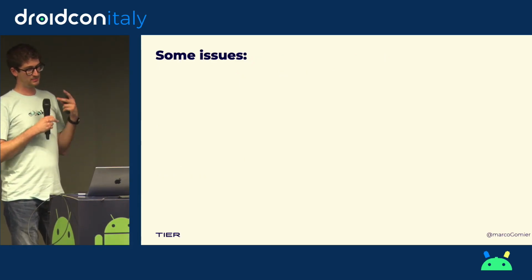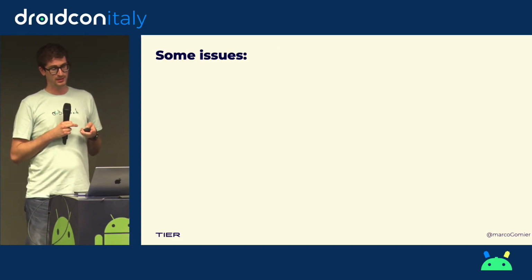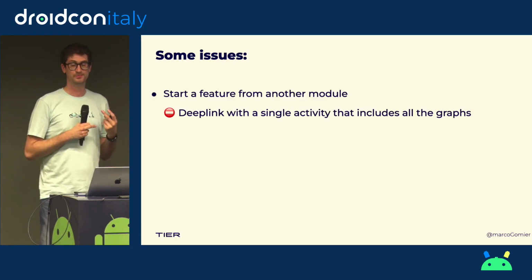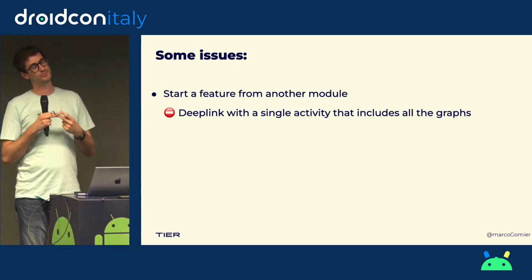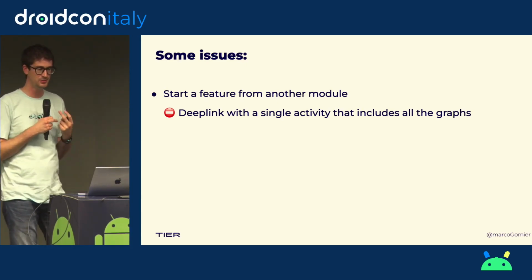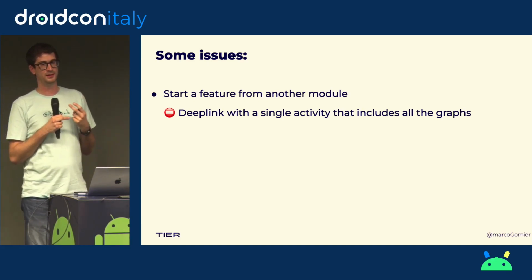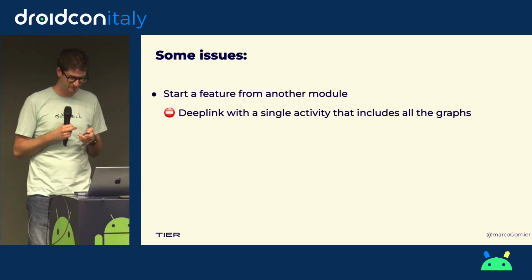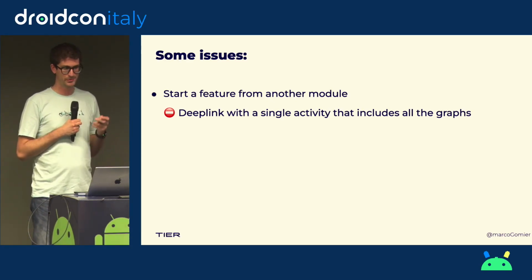So in order to do all that stuff, there are some issues, because starting a feature from another module can be easily done with the setup that we had of Jetpack navigation if you have a deep link and a single activity that contains all the different graphs. And so in our specific case it was not so much possible.